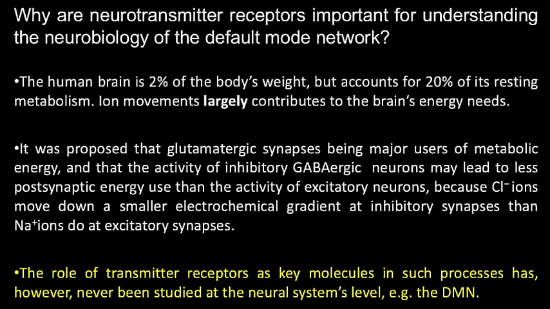And I have to say that biochemical nano predictions have to be corrected if we look at the level of microcircuitry or of cortical areas. So at the end, we must say the role of transmitter receptors as key molecules in such processes of information processing has, however, never been studied at the neural systems level, for instance, at the level of the default mode network.